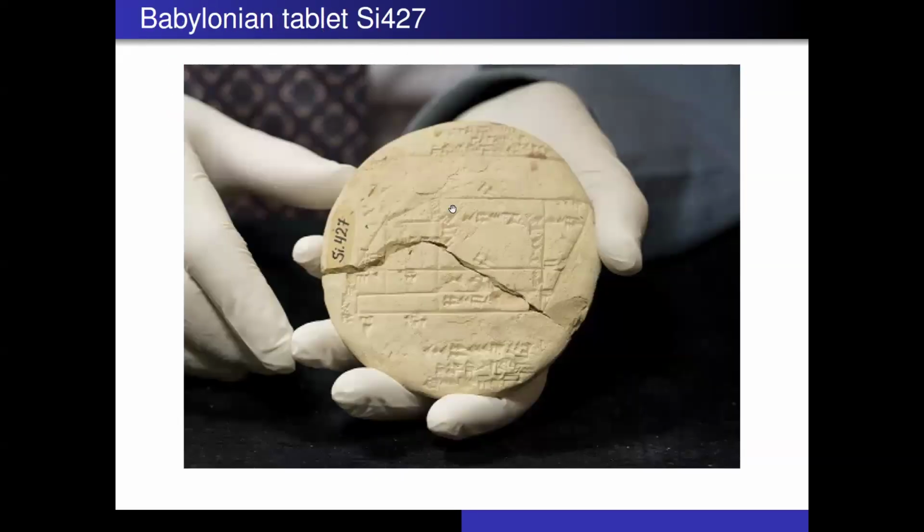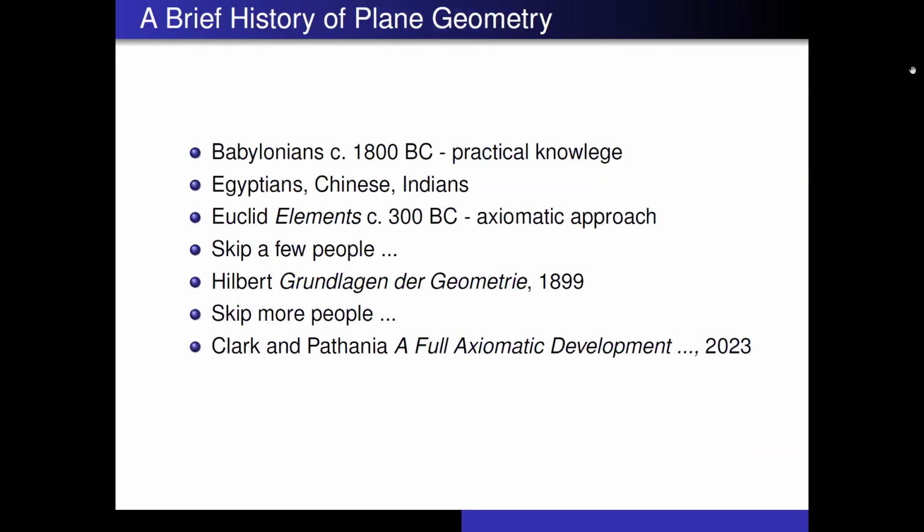Okay, so we know that, in fact, knowledge of the Pythagorean theorem is quite ancient. This is one of the cuneiform tablets that has a problem involving the Pythagorean theorem. And so here's a brief history of geometry, maybe not totally complete.